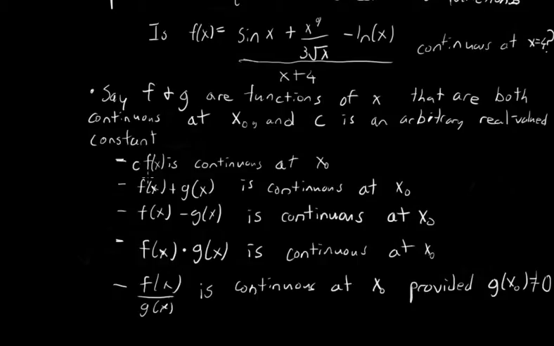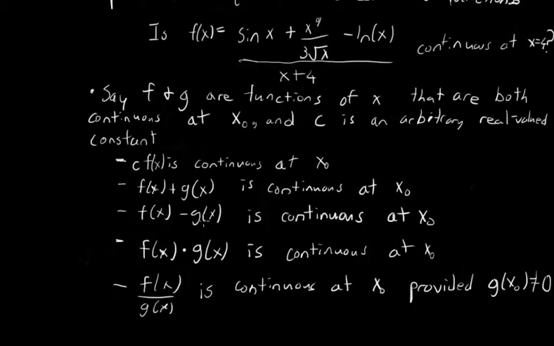Second statement is that the sum of these continuous functions f of x and g of x is also continuous at x naught. So if we know that f and g are both continuous at a particular spot, we know that their sum is also continuous at that spot. The third is that the difference of f and g is also continuous at x naught.